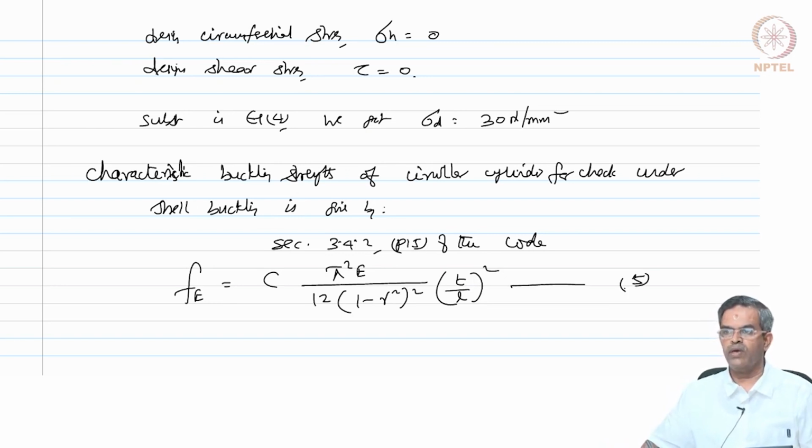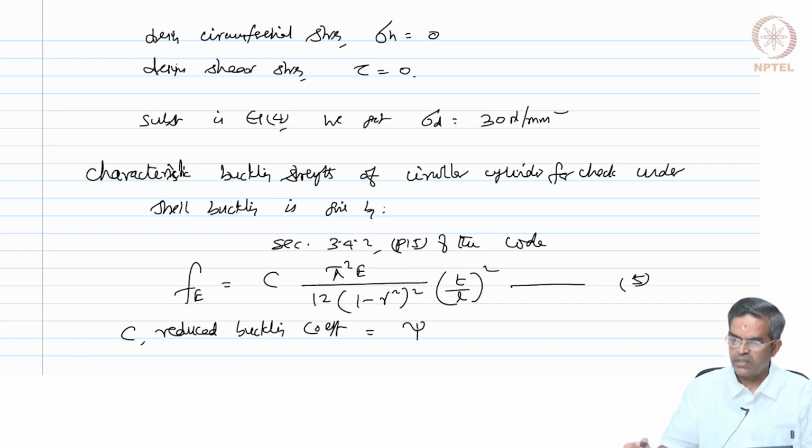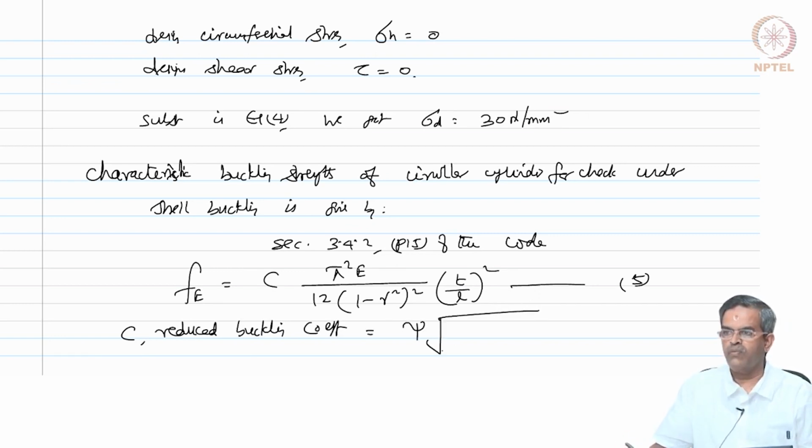In the above equation, C is called the reduced buckling coefficient. It is given by psi times root of 1 plus (rho zeta by psi) the whole square.